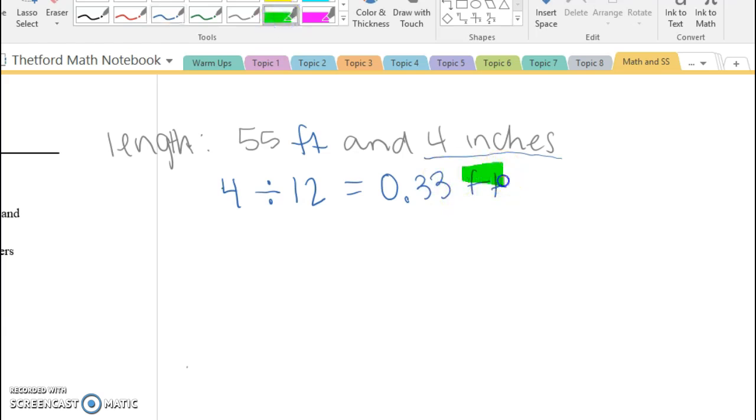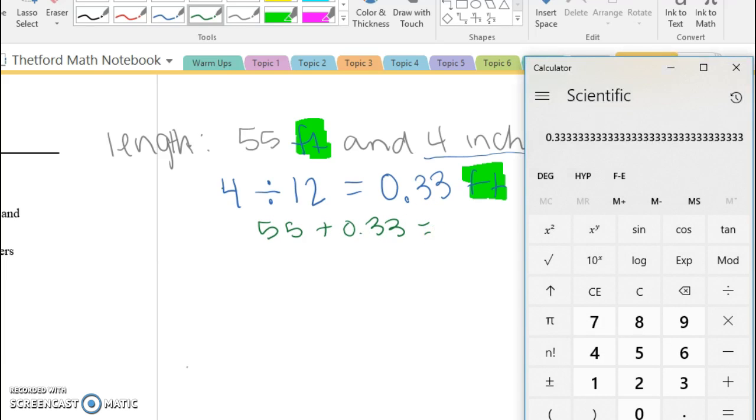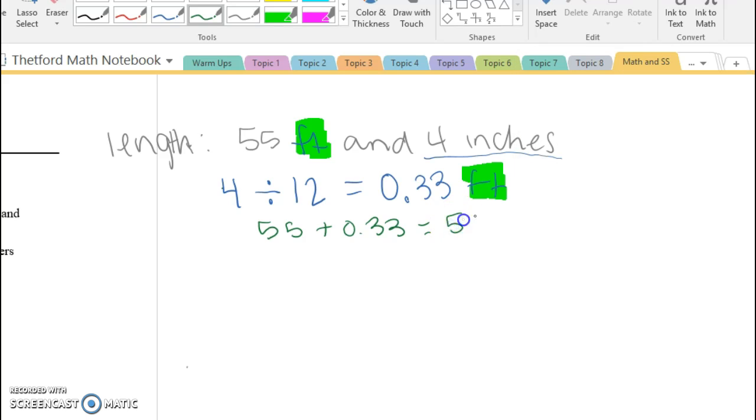Now that these are both in feet, we can add the two numbers together to figure out what it would be in only feet. So the length of our room is 55 plus 0.33, and that's going to give us 55.33 feet.